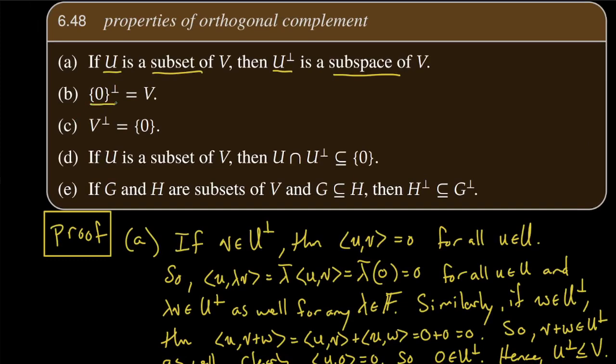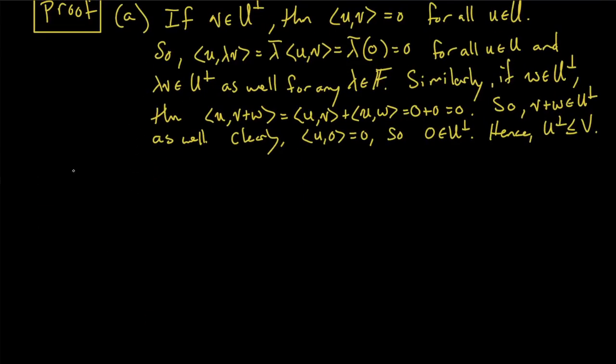The first one says that the orthogonal complement of the 0 vector, the trivial subspace, is all of V, and that the orthogonal complement of all of V is the 0 vector. Let's show it. Part B. So, let's take the 0 vector's orthogonal complement.